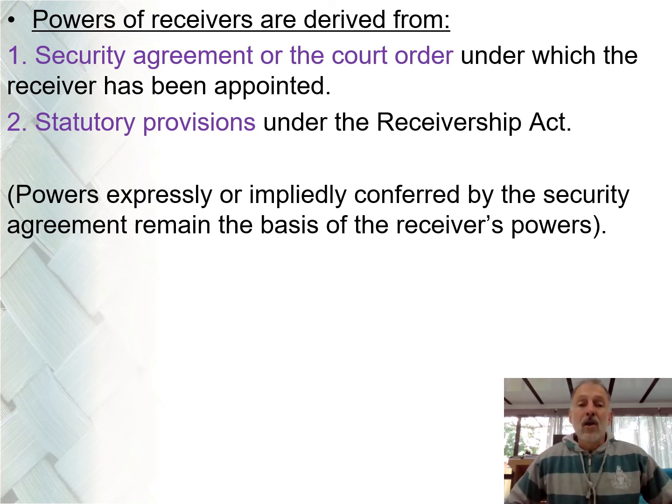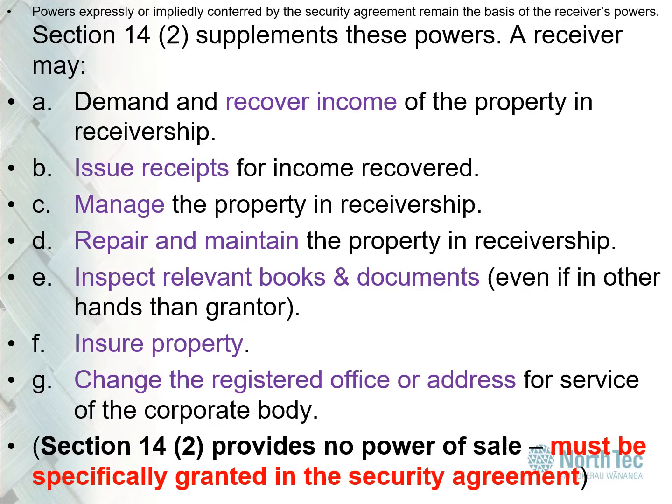But keep in mind, there are also certain statutory provisions under the Receivership Act. The powers expressly or impliedly conferred by the security agreement remain the basis of the receiver's powers. So Section 14.2 supplements these powers.